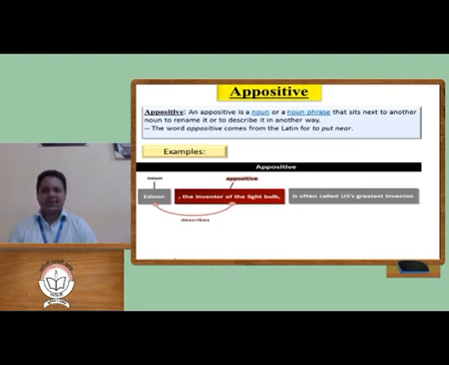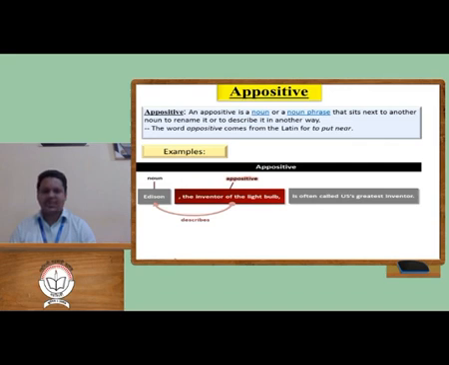Edison, Thomas Alva Edison, the inventor of the light bulb, is often called US's greatest inventor. You can see Edison is a name, a noun. The inventor of the light bulb is an appositive here because it sits next to the noun Edison.